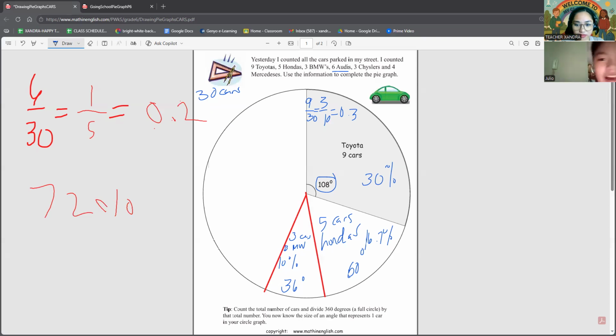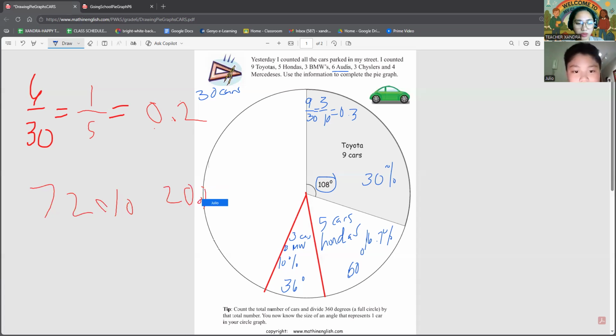Okay, wait. I accidentally times it with 36. 3600. Like I was saying, 0.2, 20. Okay, so Teacher, 20%. My hand slipped. I accidentally wrote that. It's okay. It doesn't matter. At least you corrected it.